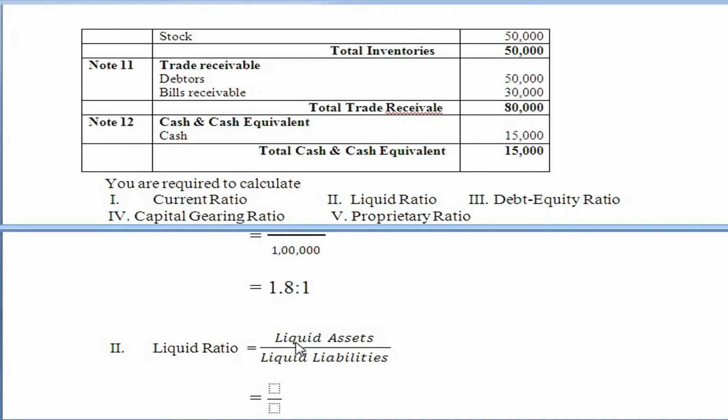What is the formula to find out liquid ratio? Liquid ratio is equal to liquid assets divided by liquid liabilities. We don't know the amount of liquid assets. We need to find out the liquid assets. And how can we find out the liquid assets?